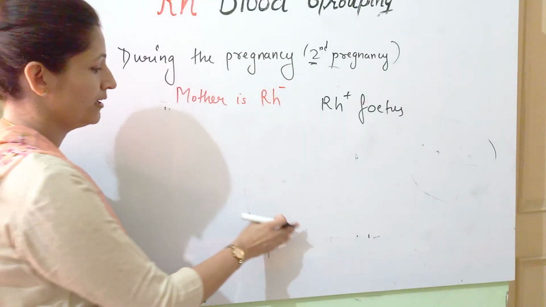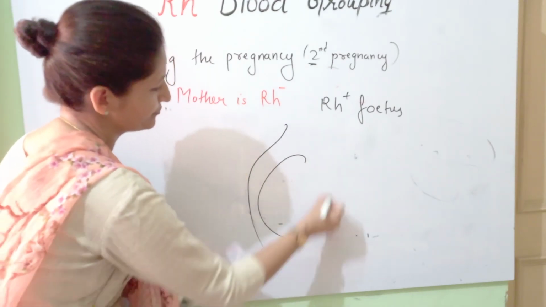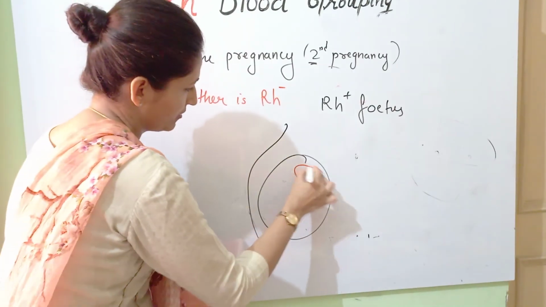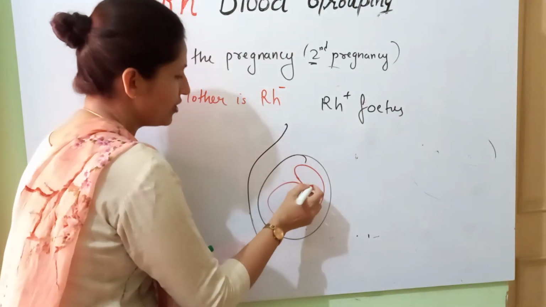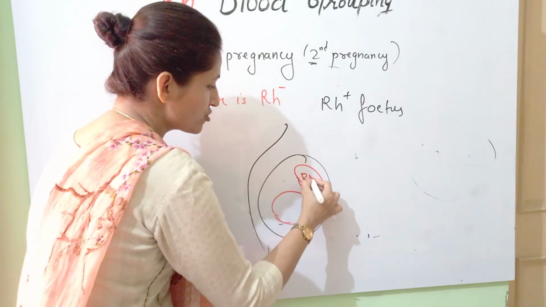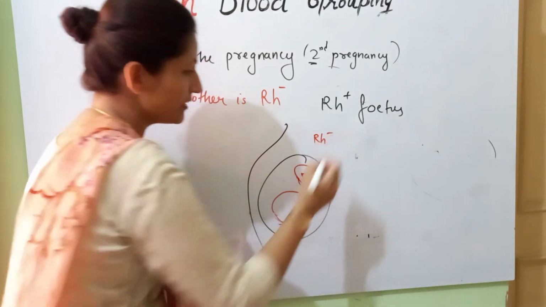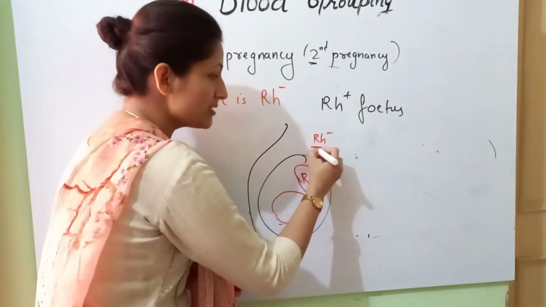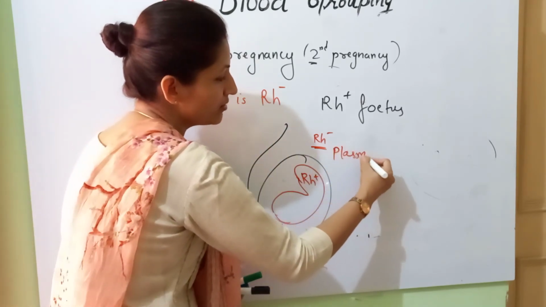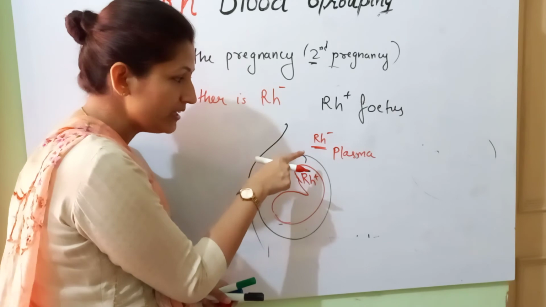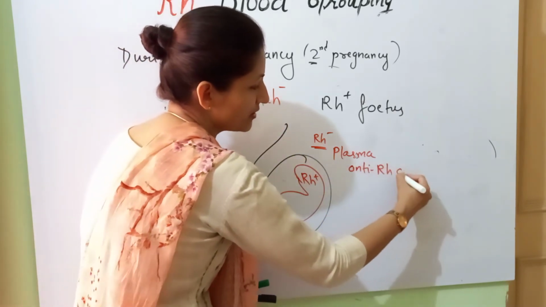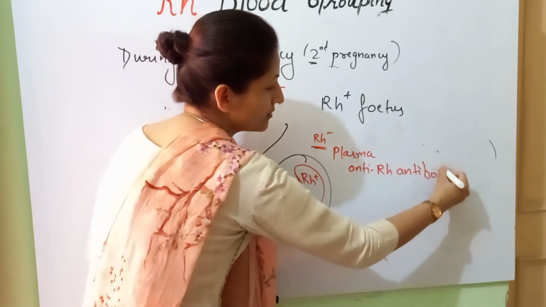Okay, how? This is Rh positive, this is Rh negative, and it is not having Rh factor, but the plasma of this lady's blood contains anti-Rh antibodies.